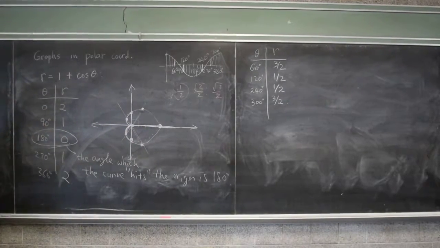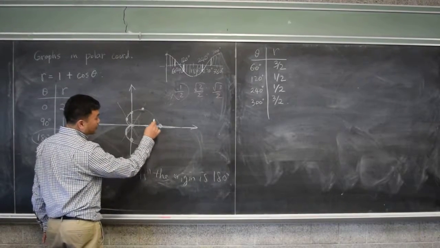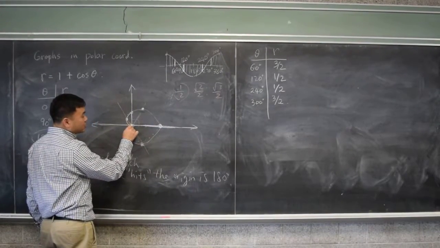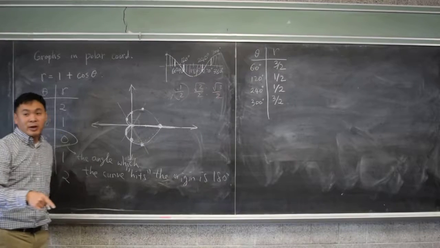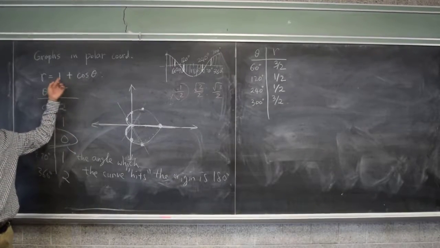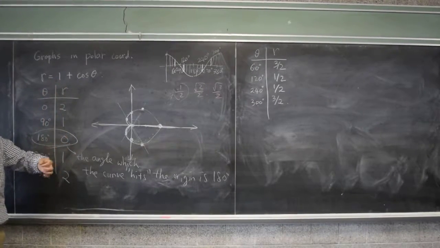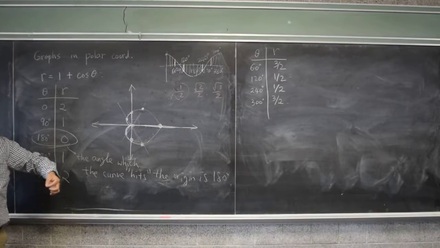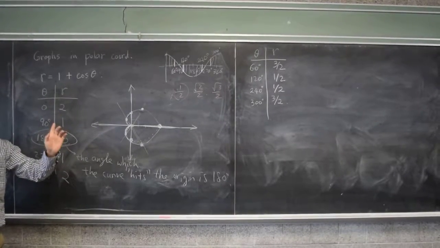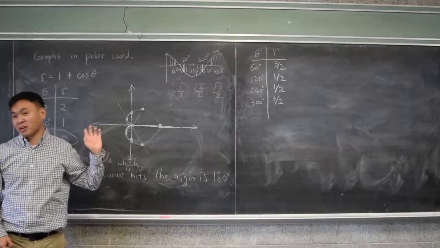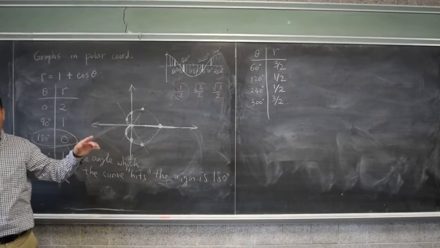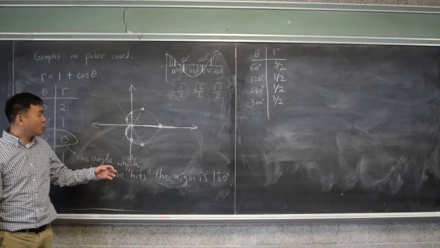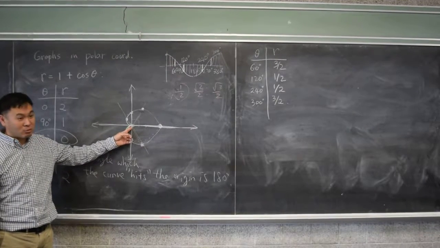And another thing is, other than this point, this graph is differentiable, right? Meaning that the curve doesn't change abruptly. If it changes abruptly, then you can't define the tangent line, and that causes a problem. The only place that's not true is the origin.